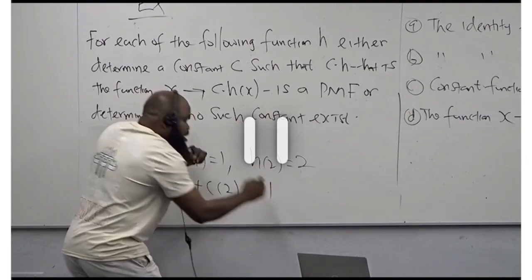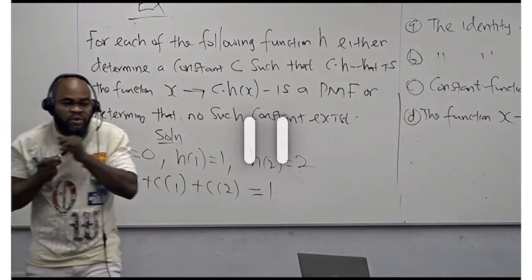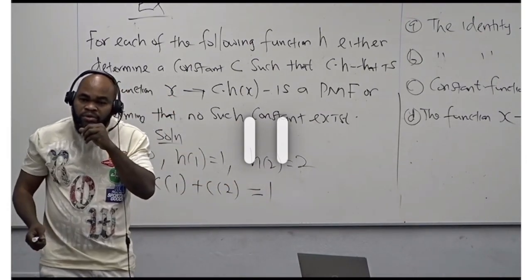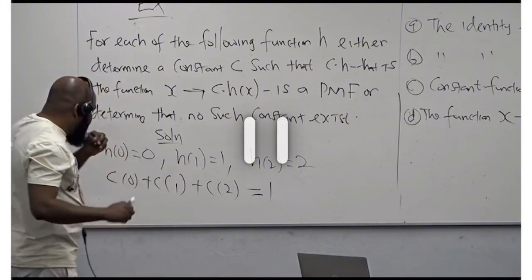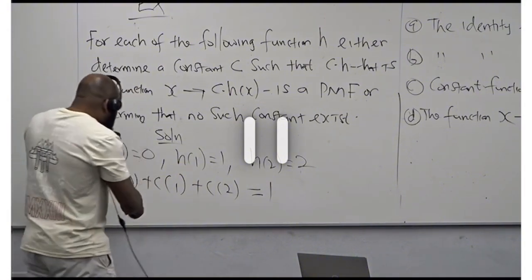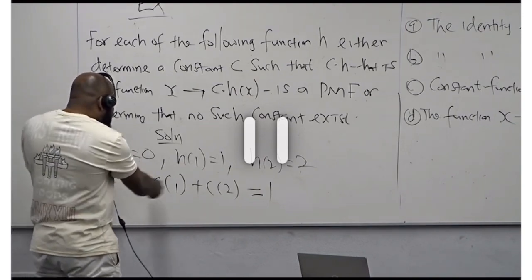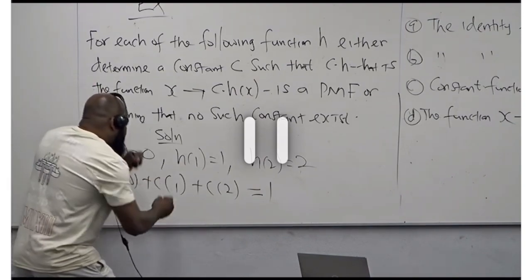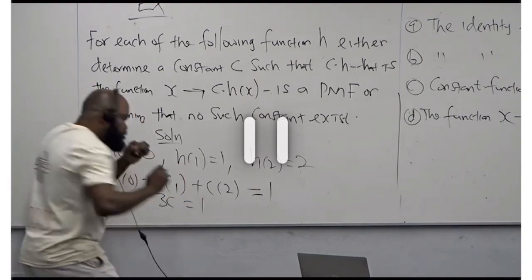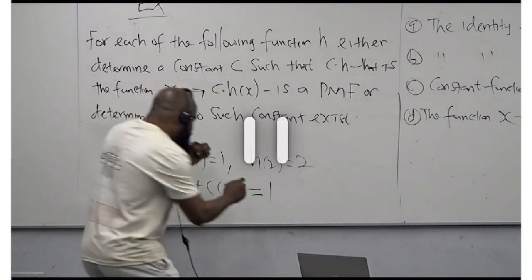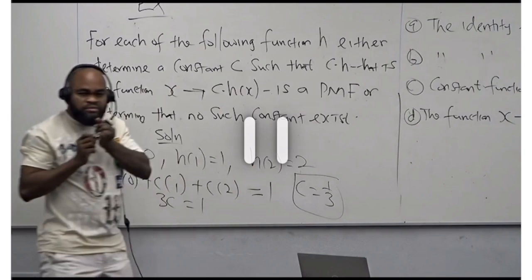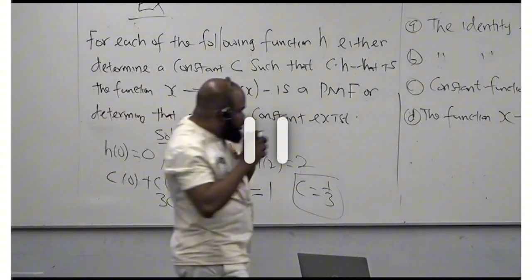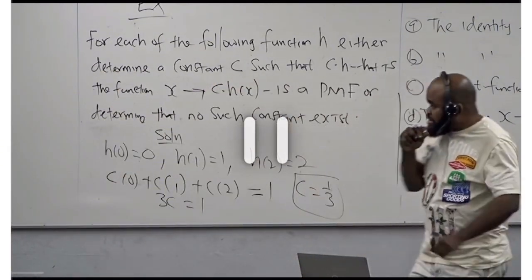Then I equate that to 1. Why am I equating to 1? That's the normalization property of the Kolmogorov axioms. So I have 3C equal to 1. What is my C equal to? 1 over 3. Is there any question on that?